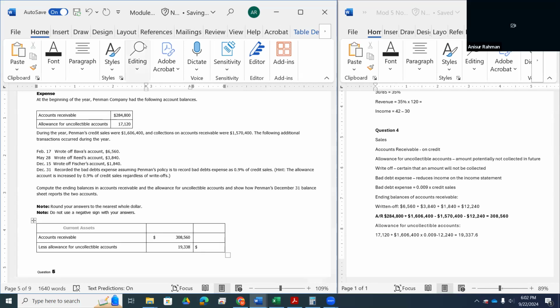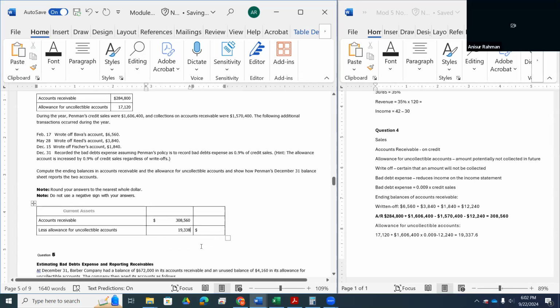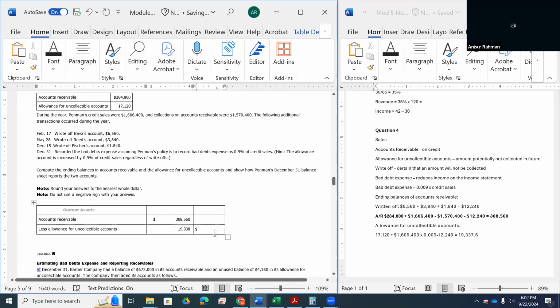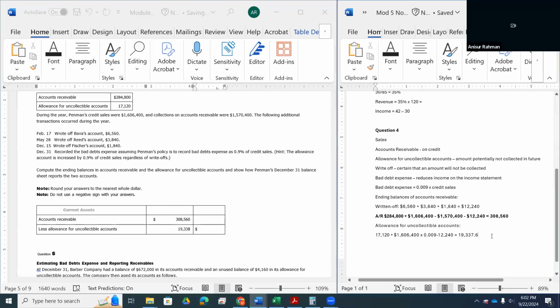Now, when we report accounts receivable, we report it net of the allowance for uncollectible accounts. So our net balance of accounts receivable will be our accounts receivable minus the allowance for uncollectible accounts.